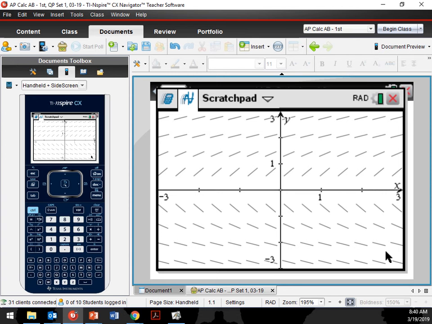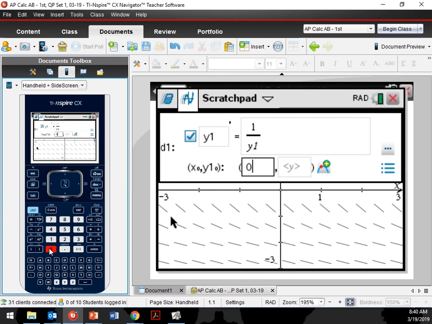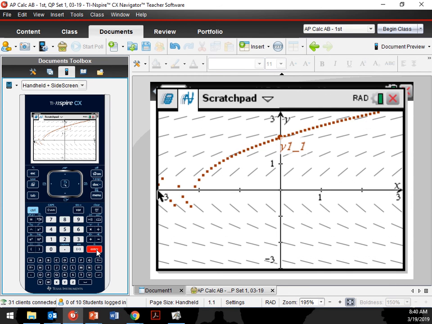So let's now do zero, 2. So now I have this, which is my solution for this. Here's the graph of my line.